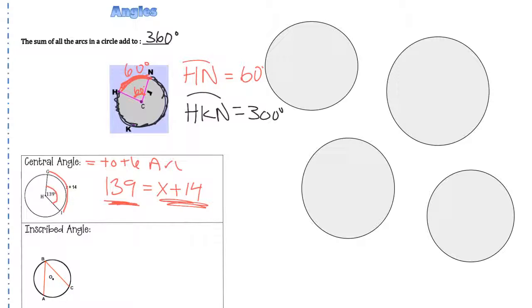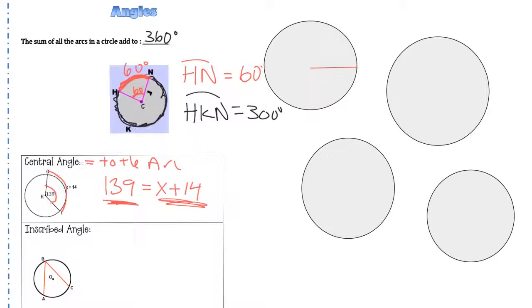So let's talk about a different type of central angle I could have. I could have an angle that is 180 degrees. So if I start at the center and make a 180 degree angle, the arc that it's hitting is also 180 degrees because the central angle is equal to the arc.